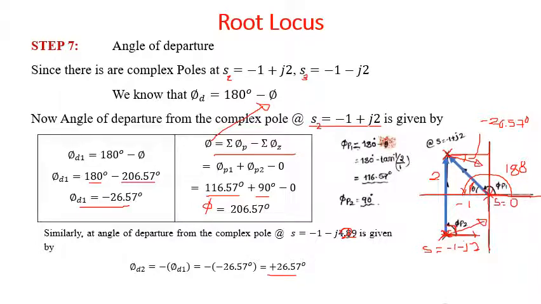This is one of the key important parts in the case of complex poles. In complex poles, we have to find out the angle of departure. To find it, you can follow this method. There are other methods also. You can do it directly based on the graphical method on the plot itself, or you can use the empirical formulas.